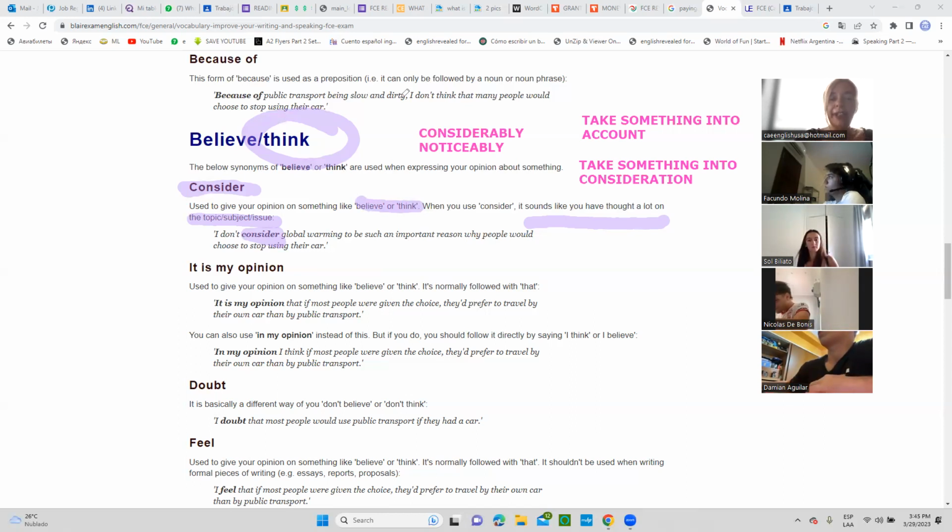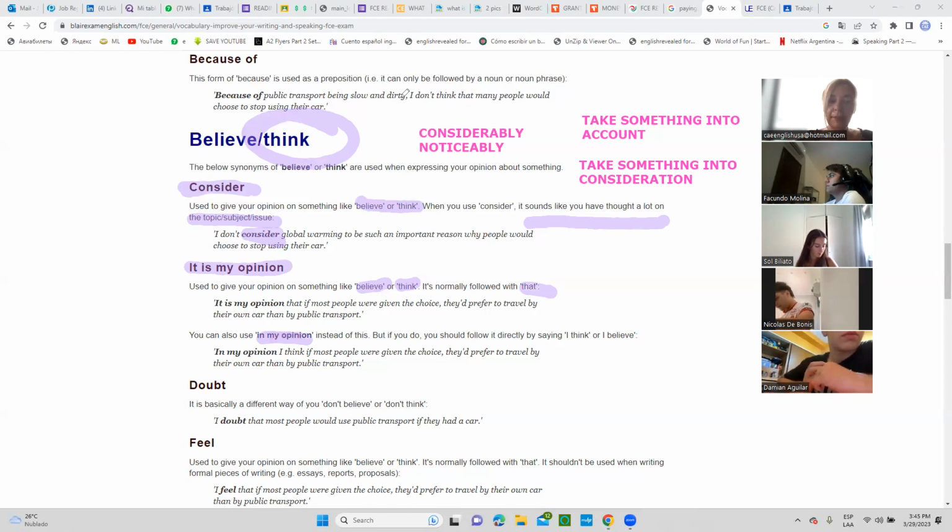Instead of using I think or I believe, it is my opinion. We use this to give your opinion on something, the same as believe or think. And it is normally followed with that. It is my opinion that if most people were given the choice, they would prefer to travel by their own car. You can also use in my opinion, so that you don't make a mistake. In my opinion, it's easier, okay?